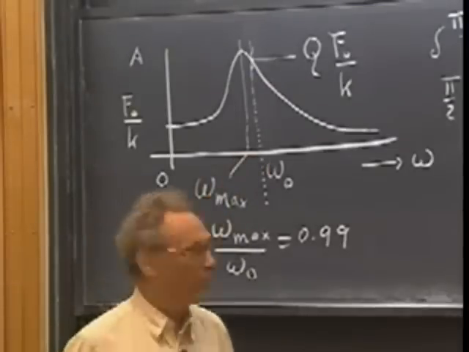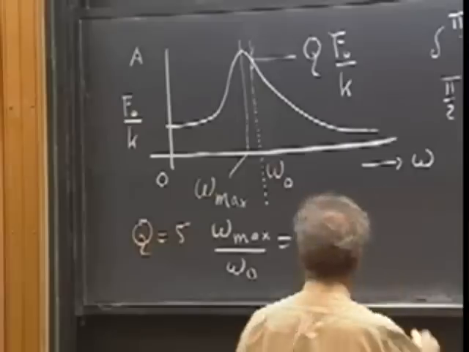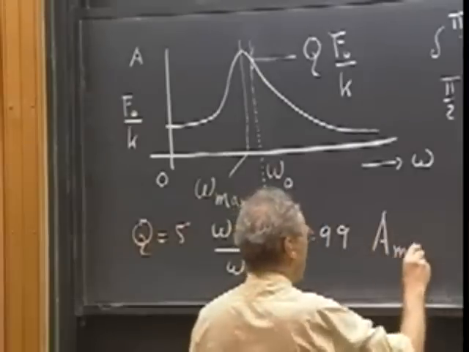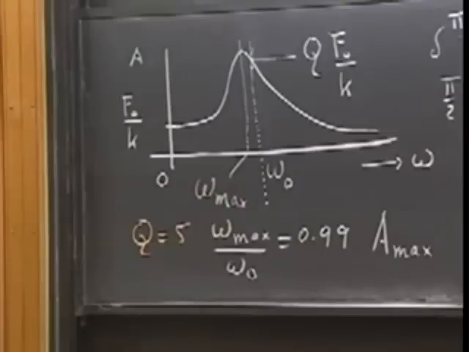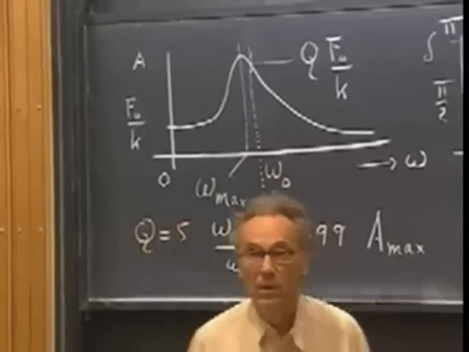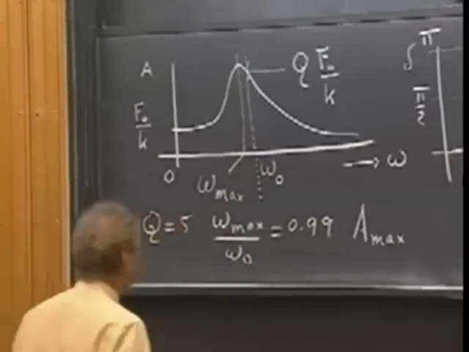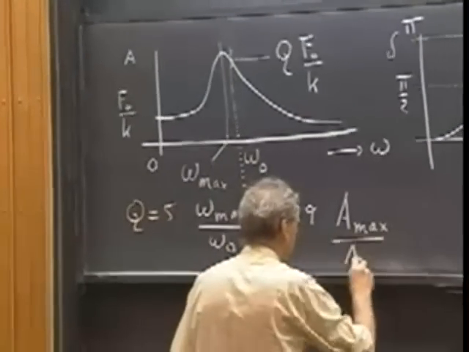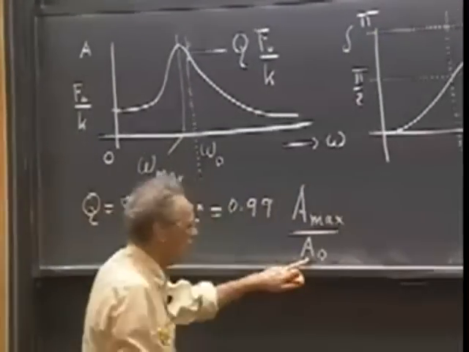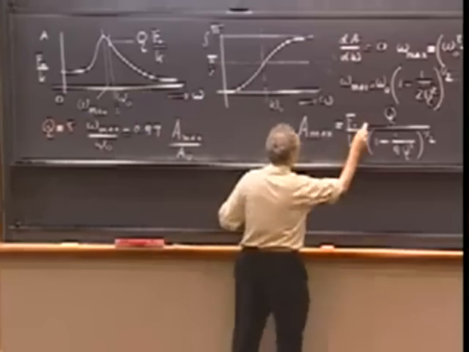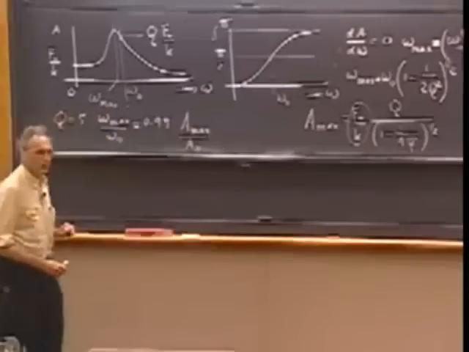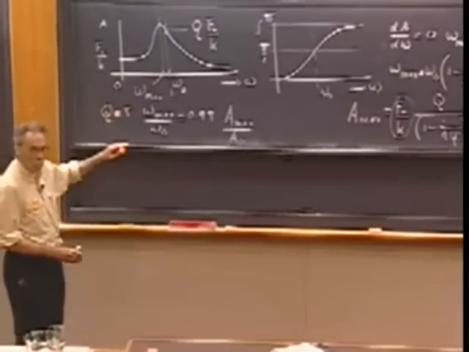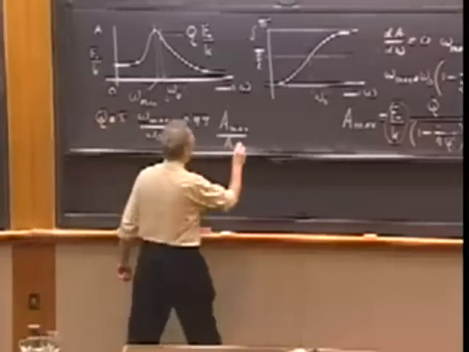And then if you want to know now what A max is, you would think that A max is very close to Q times F0 over K, but it is not Q times, it is a little larger. So A max divided by A0, where A0 is meant to be the amplitude when omega equals 0, that is a shorthand notation, this number is not Q, a little higher, it's now 5.03.